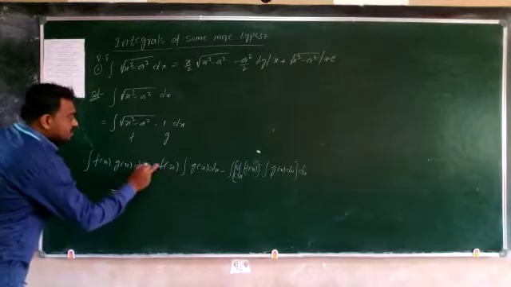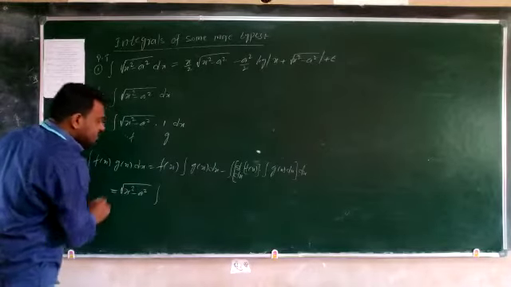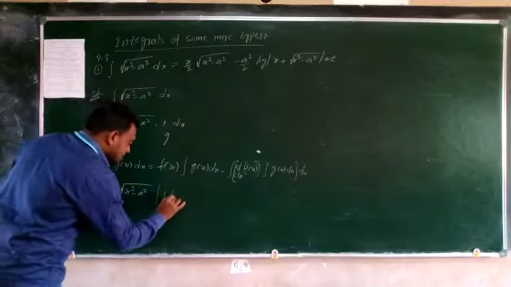Integration with f of x is square root of x square minus a square into integration of g of x, which is 1 dx, minus integration of d by dx of f of x, that is d by dx of square root of x square minus a square, into integration of 1 dx, whole dx. Right? This integral you take as I, and it is equation number 1. Why? It is a repeated integral. In a repeated integral, the given integral we assume as I. You remember this one.